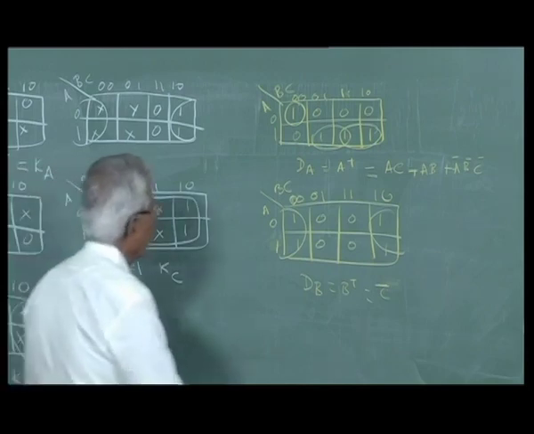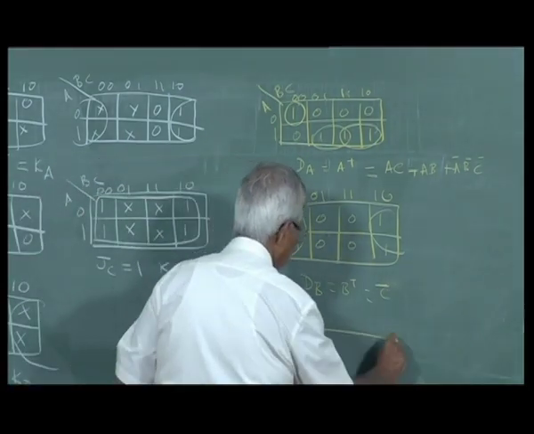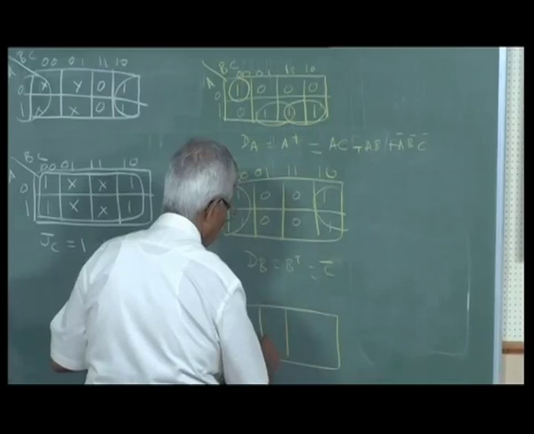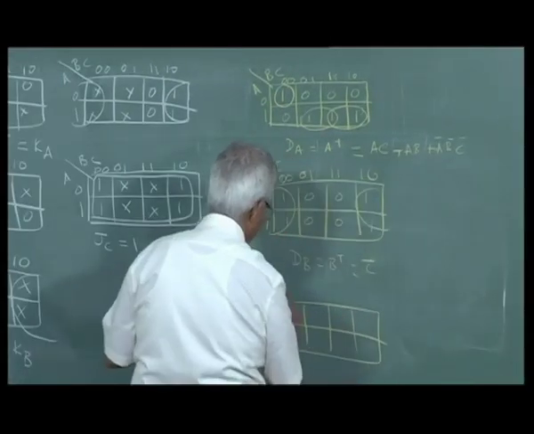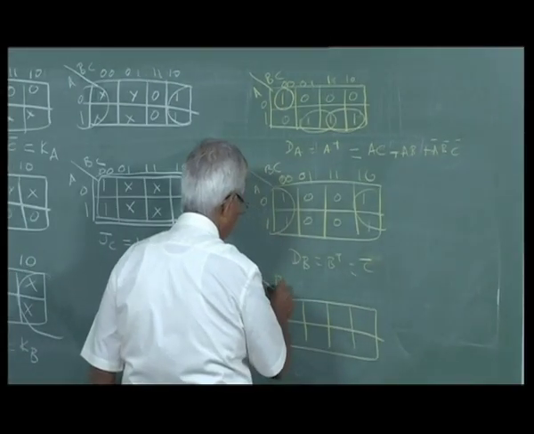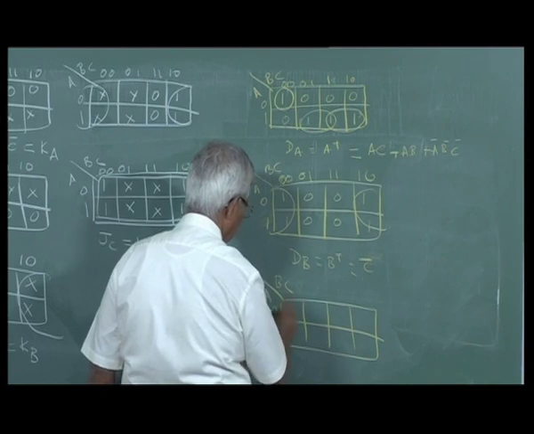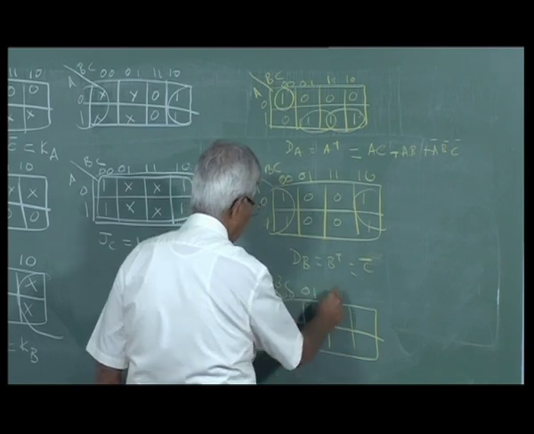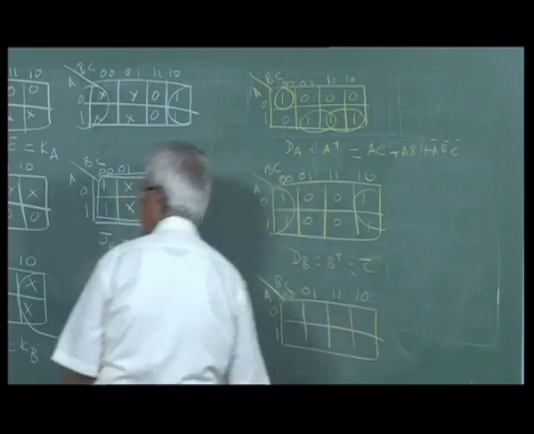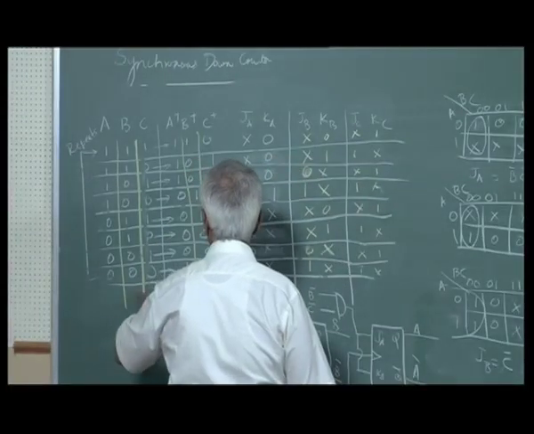DC would be, again starting from here, alternate 1 0 1 0 1 0 1 0.